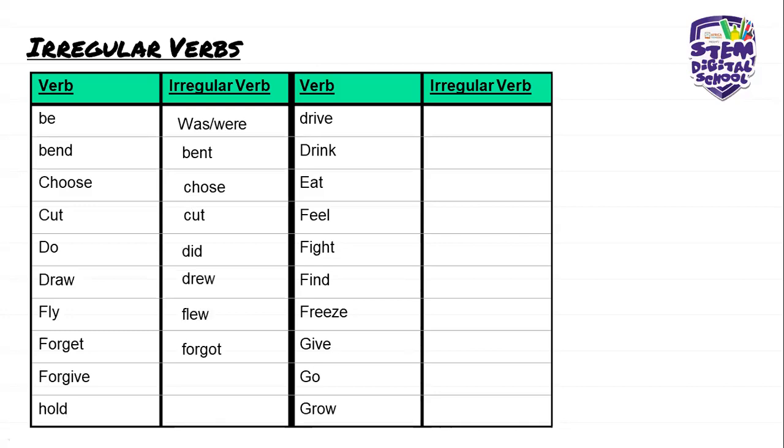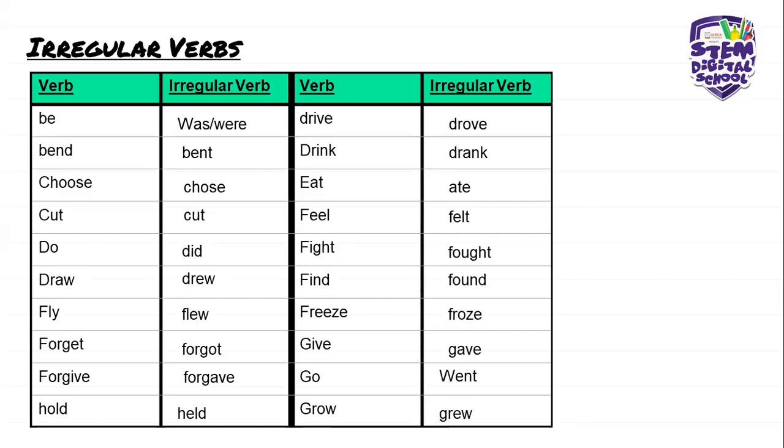Forget becomes forgot. Forgive becomes forgave. Hold becomes held. Drive becomes drove. Drink, drank. Eat, ate. Feel, felt. Fight, fought. Find, found. Freeze, froze. Give becomes gave. Go becomes went. And grow becomes grew. Okay.